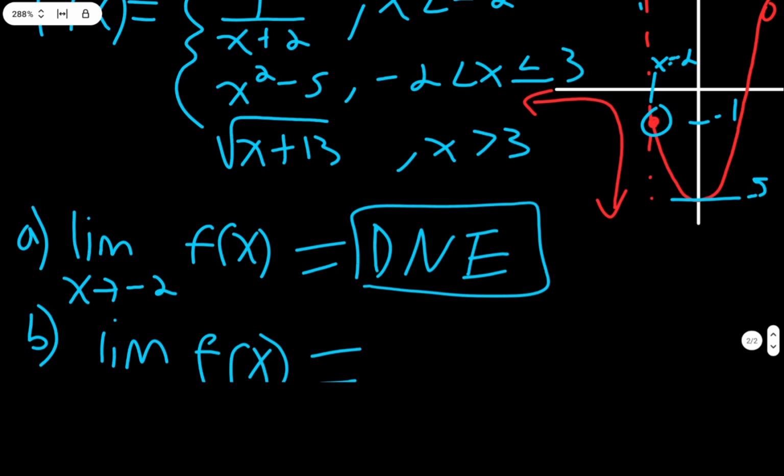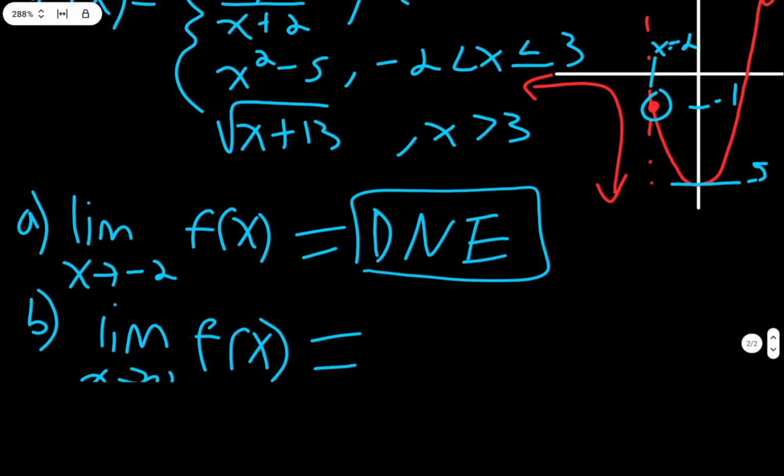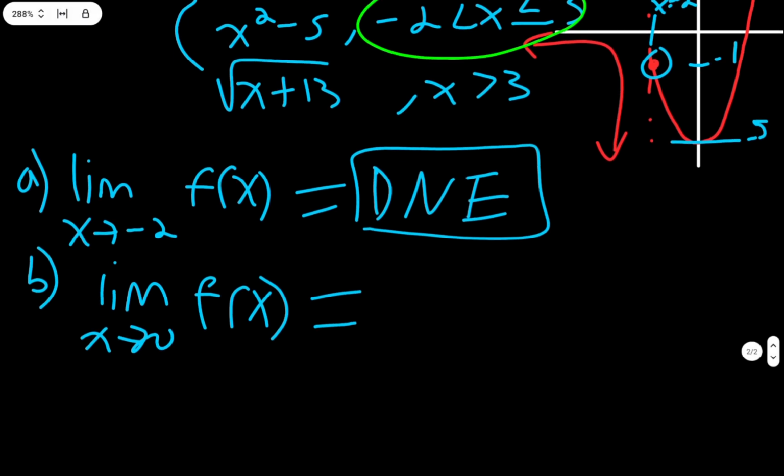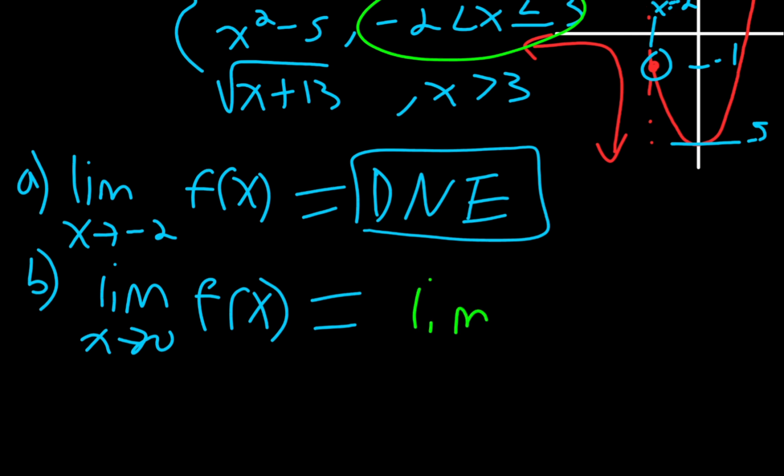Well, let's just disregard our graph for now. As x goes to 0, where is this included in our domain? Right here. We can plug in a 0 there, that's fine. So let's plug it in. The limit as x goes to 0 of x squared minus 5, but we're going to plug in a 0, so it's going to be 0 squared minus 5, which just becomes negative 5.